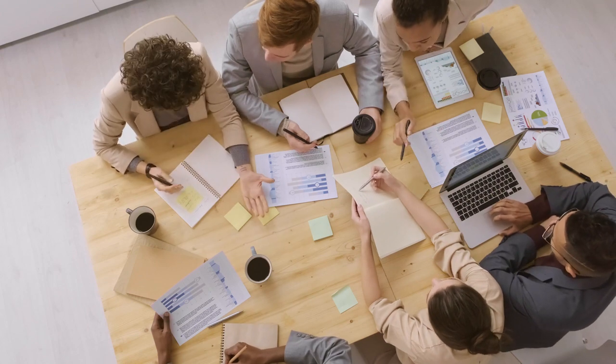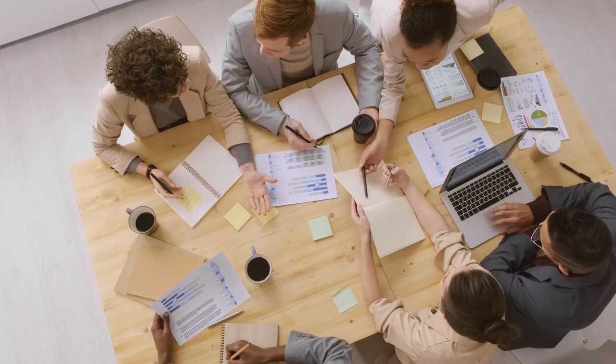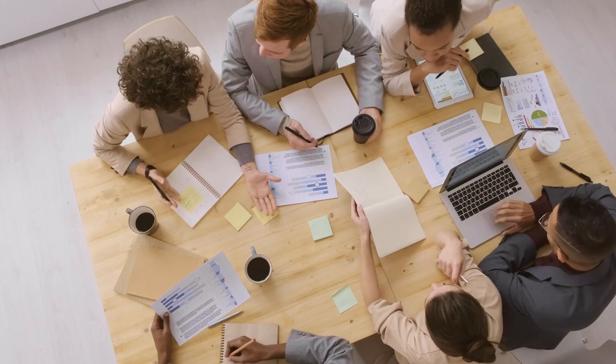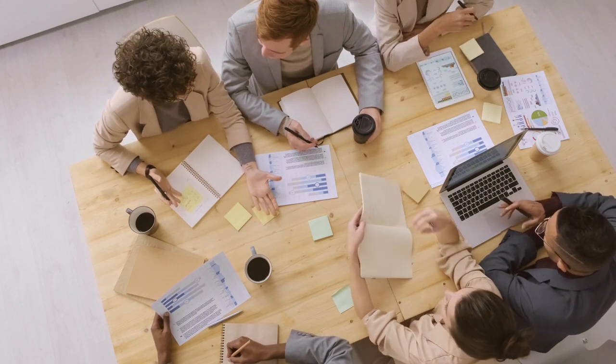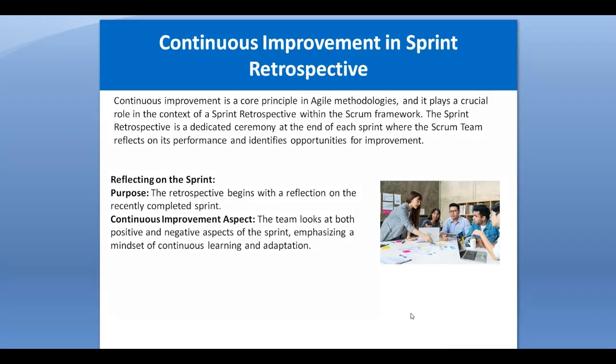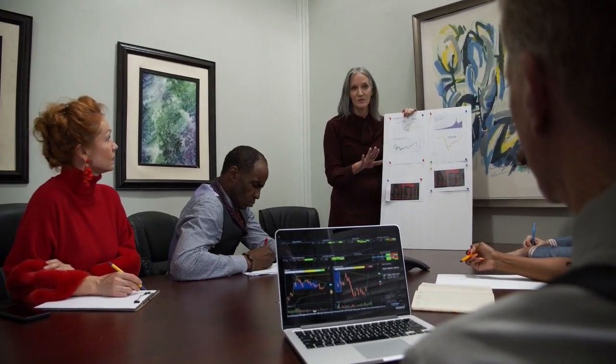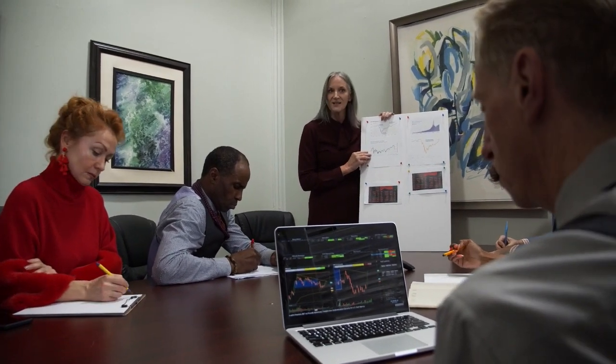Positive means the things which went well, and the negative are the things which went wrong, the issues and bottlenecks, emphasizing a mindset of continuous learning and adaptation. Here, friends, remember that it is not a blame game session. It is a session to try to improve the process and performance.